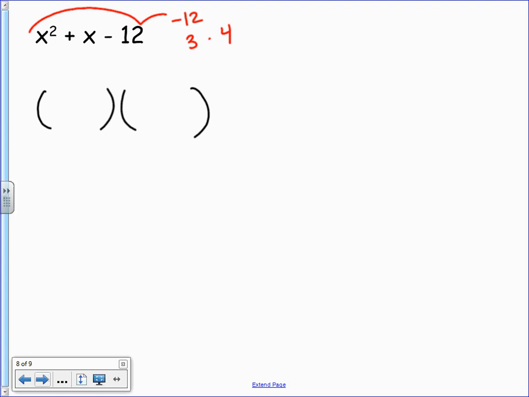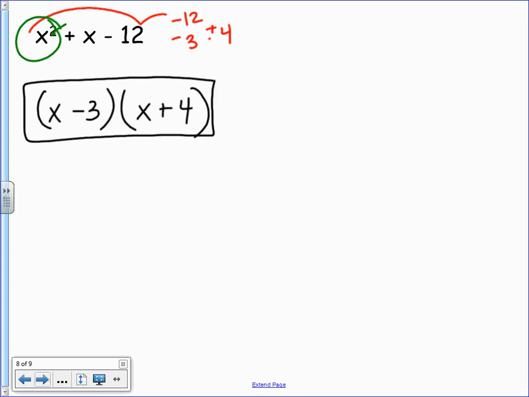And if I make the larger number positive and the smaller number negative, when I add them, I'll get a positive 1. So I drop those numbers into my groups of parentheses, a minus 3 and a plus 4. Remember, go to that very first term, that is 1x squared, and leave the square off, dropping in only the x. So my final answer is x minus 3, x plus 4.